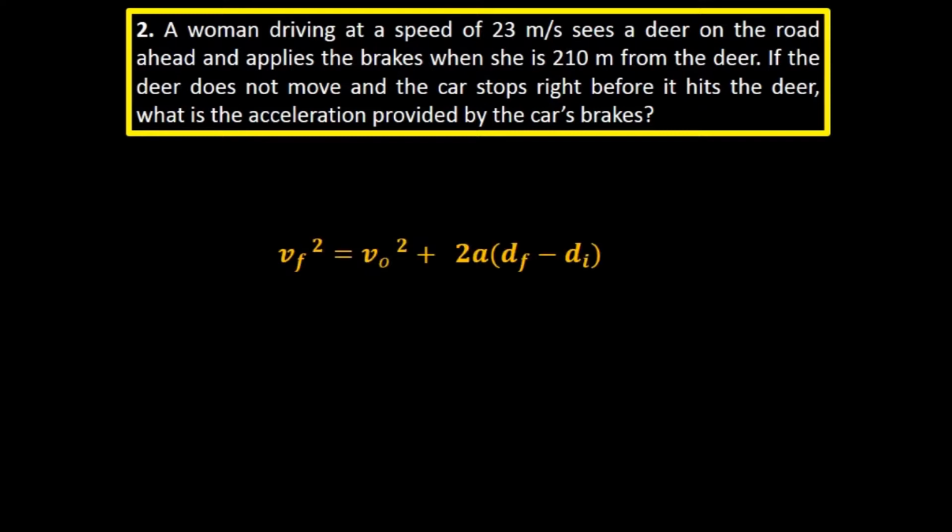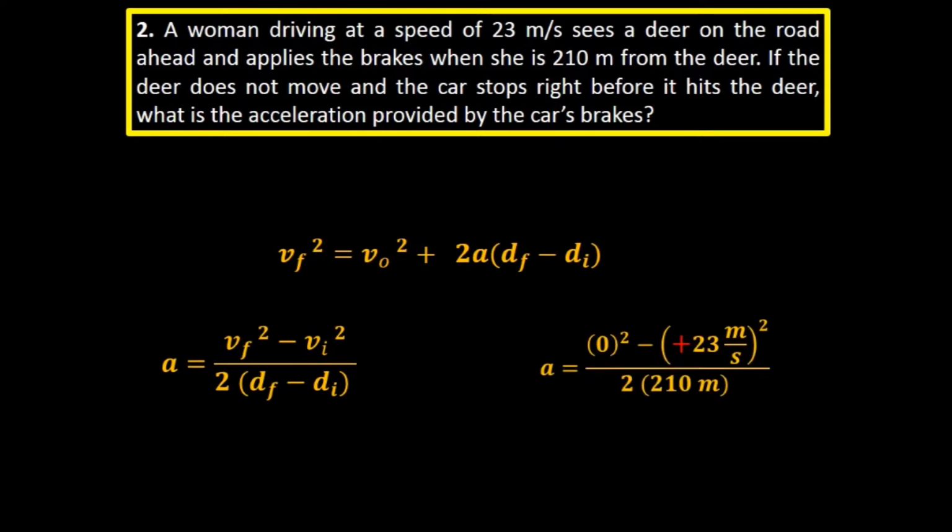Okay. So it's going to be VF squared equals V naught squared plus 2A, and then the change in distance. Rearranging the equation for A, notice that A is A and not G. Remember, G is strictly for what kind of movement? Vertical, up and down.